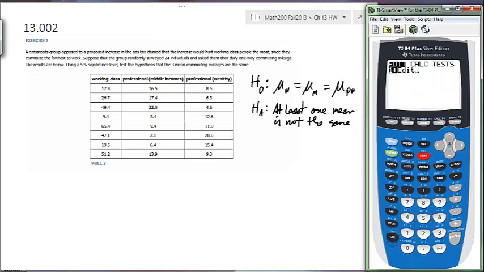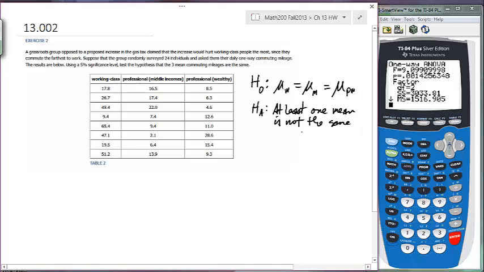Alright, back to our ANOVA test. We want to get our L1 in there, and the arguments are just going to be the lists that you have with commas in between. So I have L1, L2, and L3. They're represented by these numbers. If I press enter, I get several values. This is an F test.